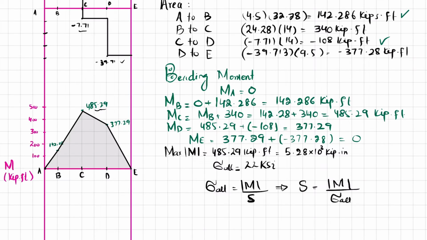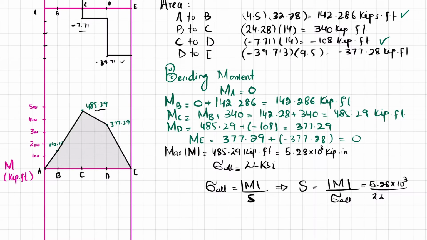Okay, so put the value. We have maximum bending moment equal to 5.28 × 10^3 kip-inch, and allowable stress is 22 ksi.